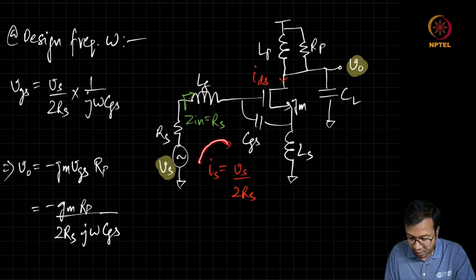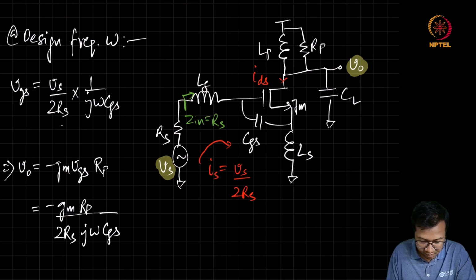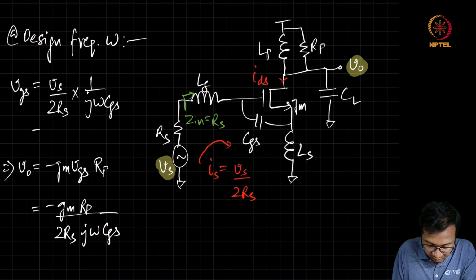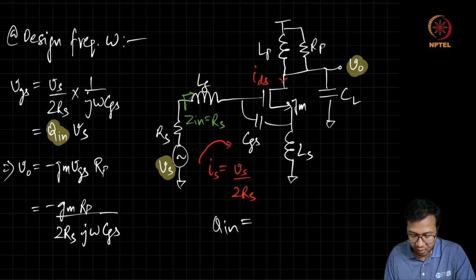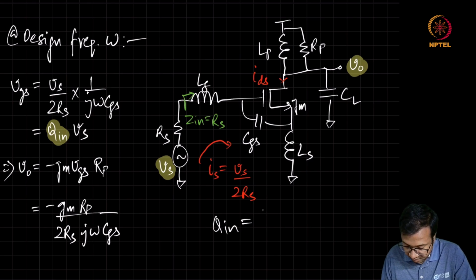One thing you will note here is, since it's a series resonance at the input side, the voltage across this capacitor is going to be Q times the applied voltage. So this VGS is also equal to Q in into Vs, where Q in we can define as the quality factor of the input RLC circuit, which is 1 by omega CGS into 2RS.